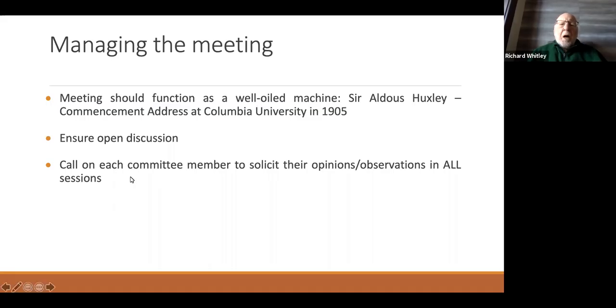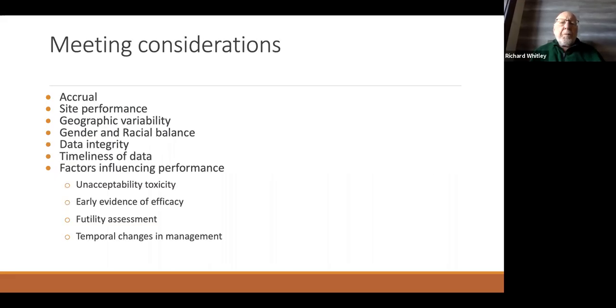Each person on the committee must be called on to elicit their opinions and observations in all of the sessions, open and closed. And that's exceedingly important because some members of these committees are shy and they are afraid to express their opinion. So putting them in a position where they need to express their opinion is exceedingly important.